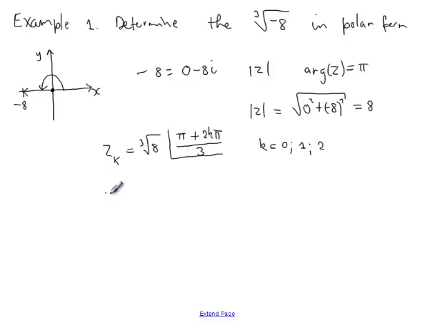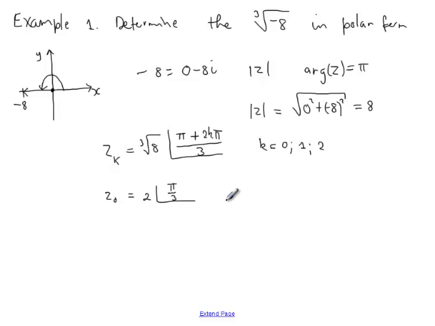All together, now we can start computing these roots. Say now we get z0. The cube root of 8 is 2, you can just take that as 2. Then z0 will give us pi over 3.